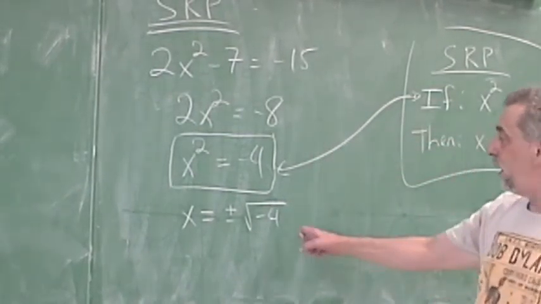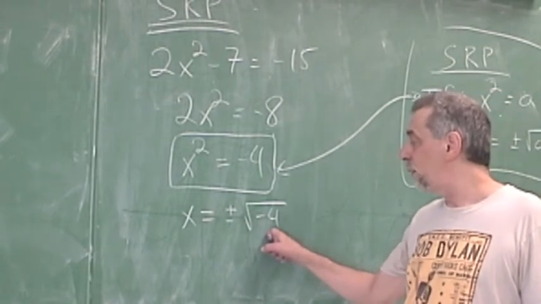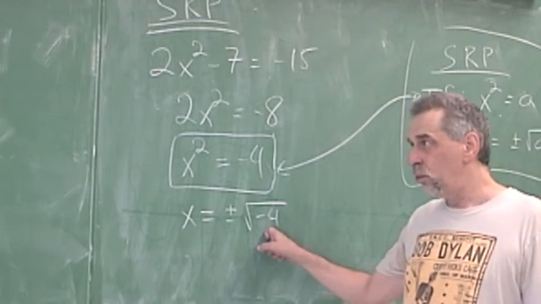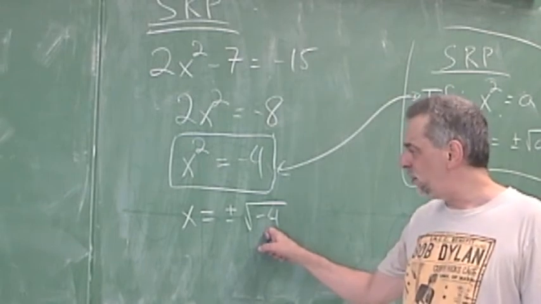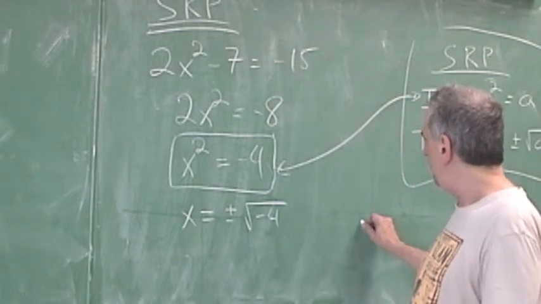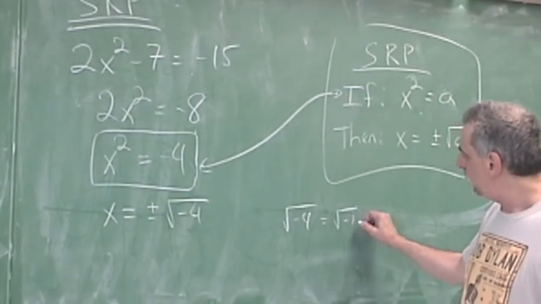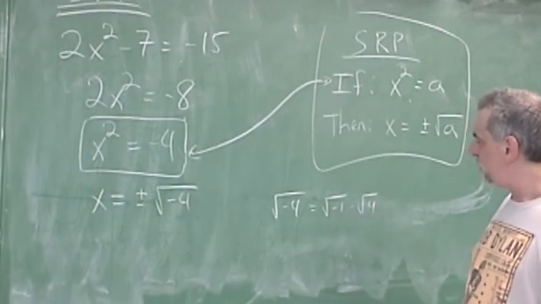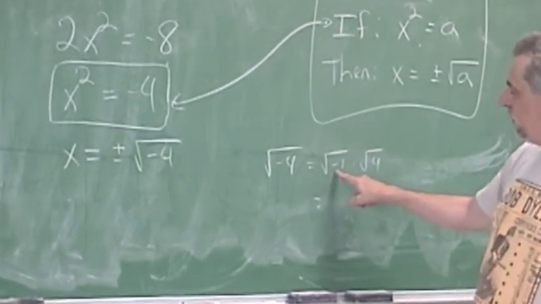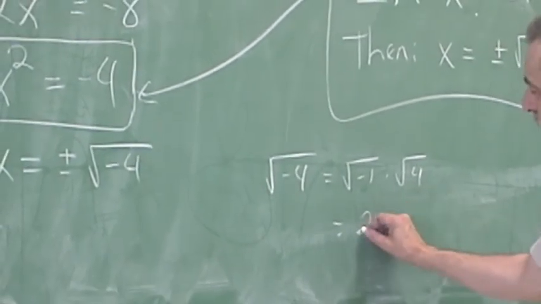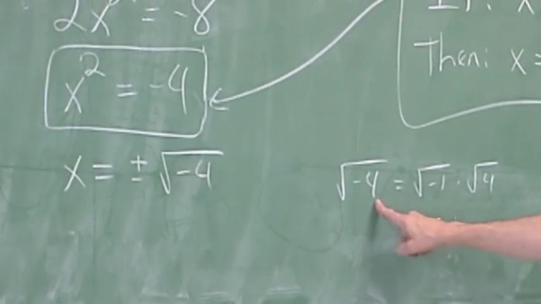We learned how to deal with these square roots of negative values in section 1.4, I believe it was, complex numbers. Remember, the square root of negative 4 can be written as the product of the square root of negative 1 times the square root of 4. This becomes the imaginary value i. This is 2, so we get 2i for the square root of negative 4.